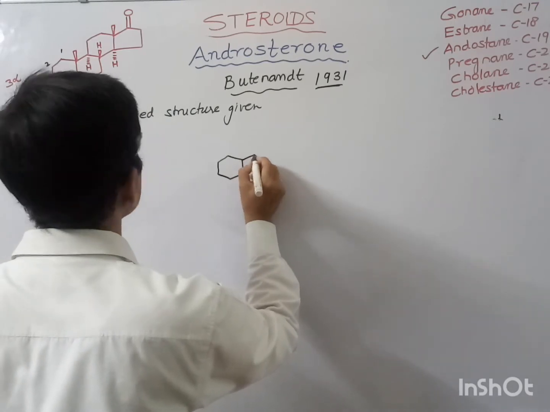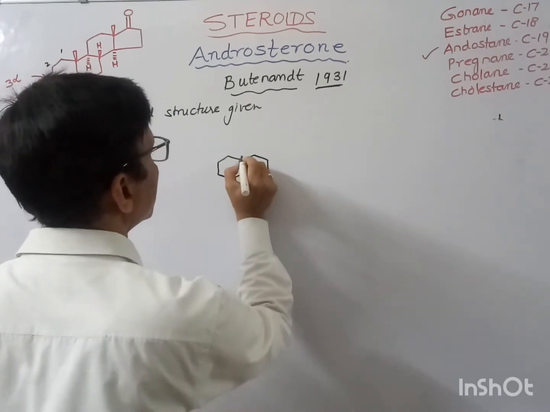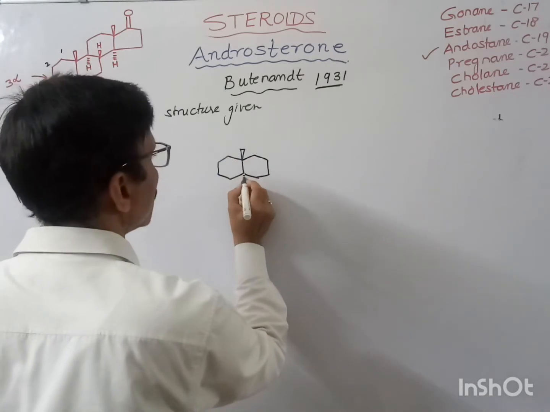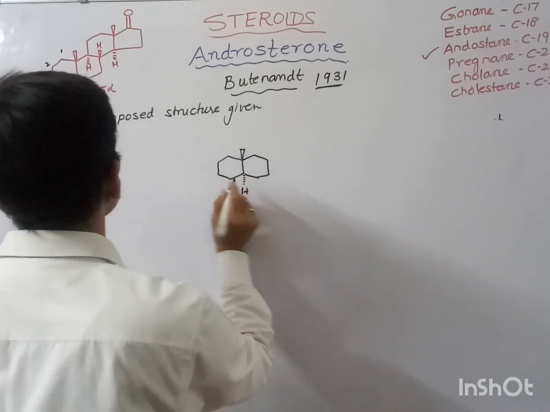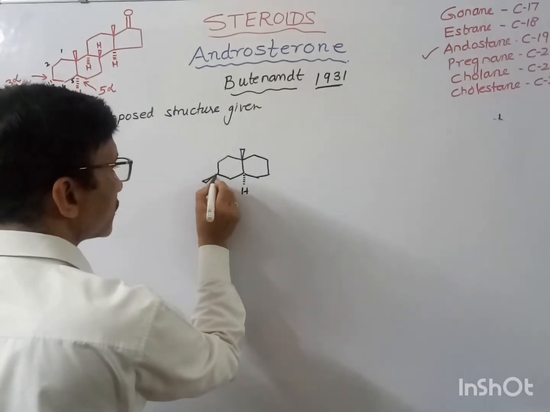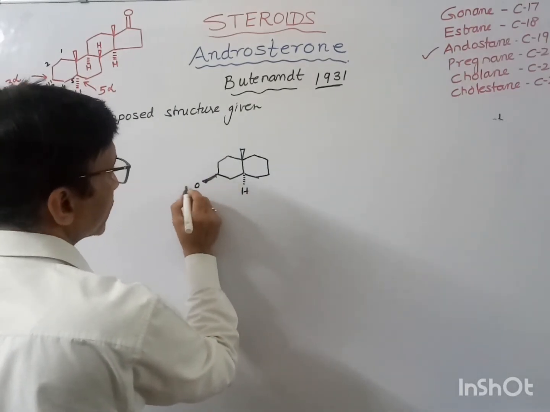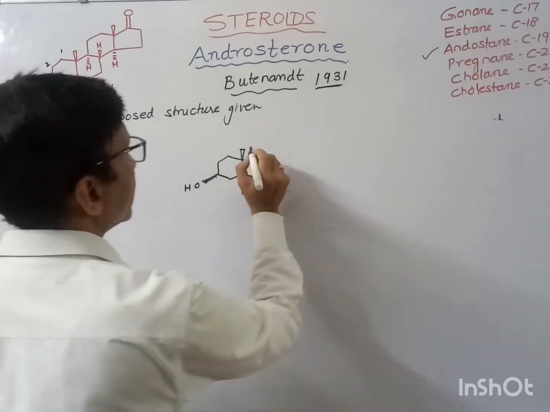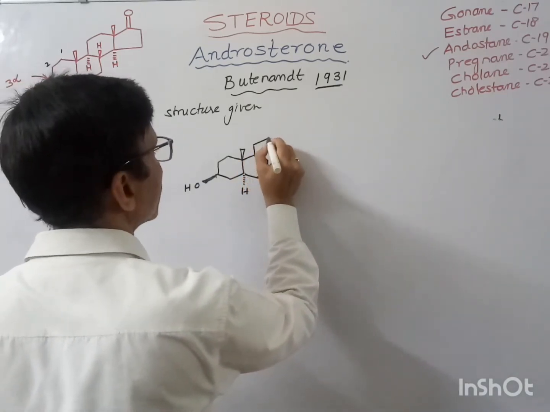The only difference in this structure was the OH group, which was above the plane at the third position, and the rest of the structure given was the same.